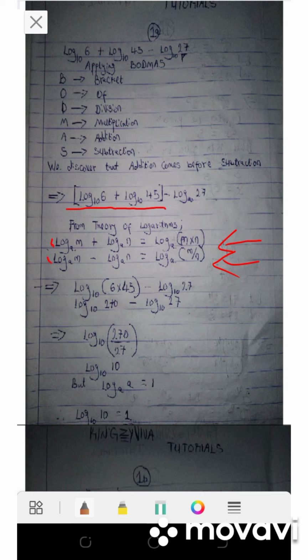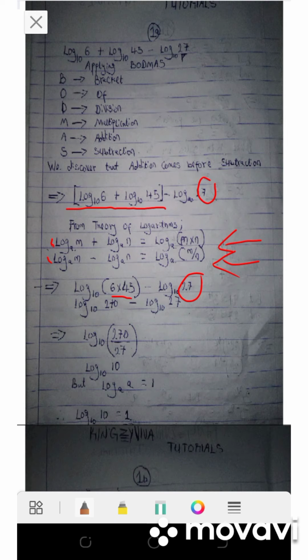So now, applying those two laws, we are going to evaluate the addition part first, since plus comes before subtraction. So log 6 times 45 to base 10 minus log 27 to base 10.